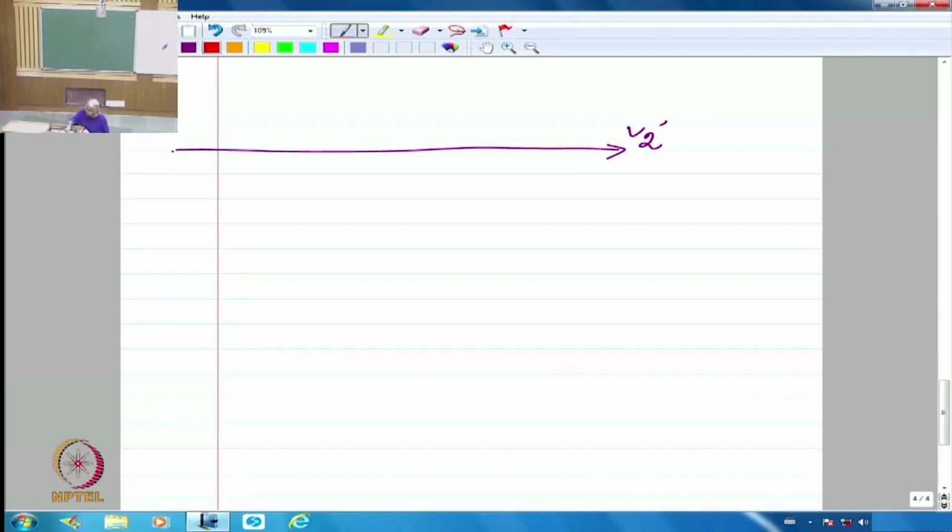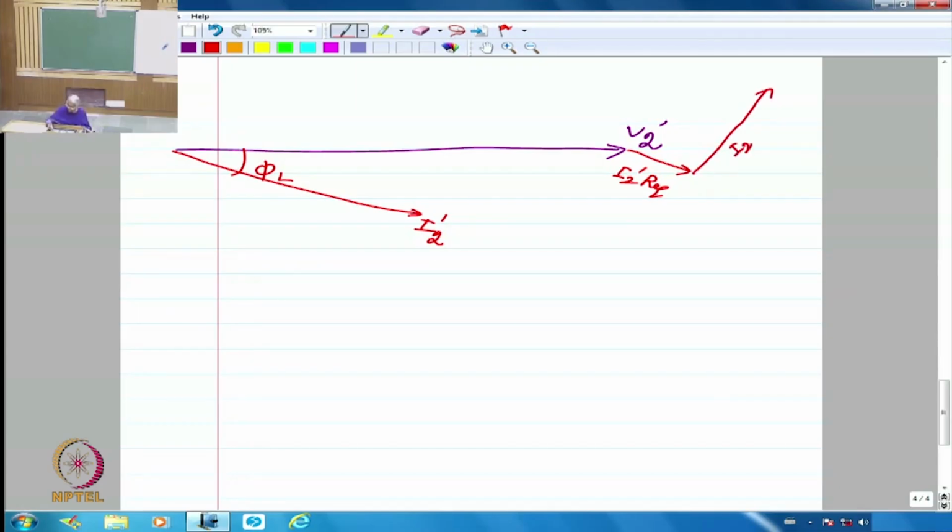And let's say this is my current, I2 dash, and this is the load power factor angle. Right? And this is going to be I2 dash R equivalent, and this I2 dash X equivalent.